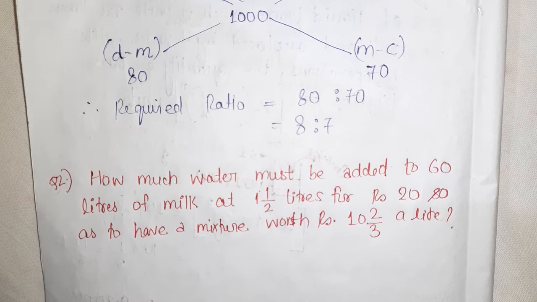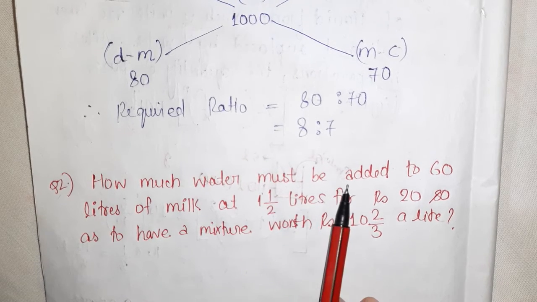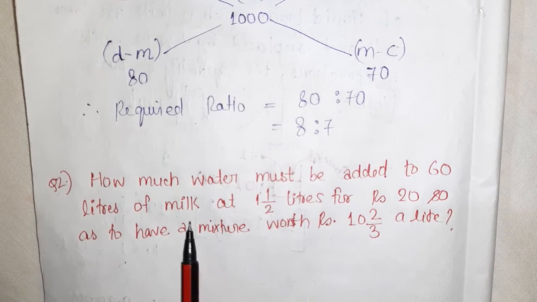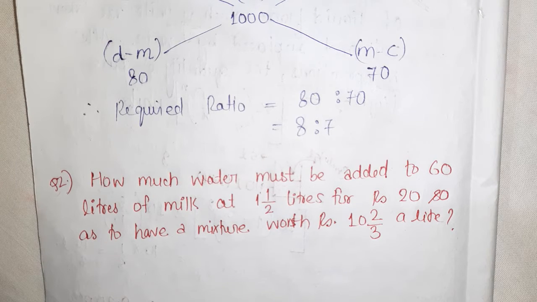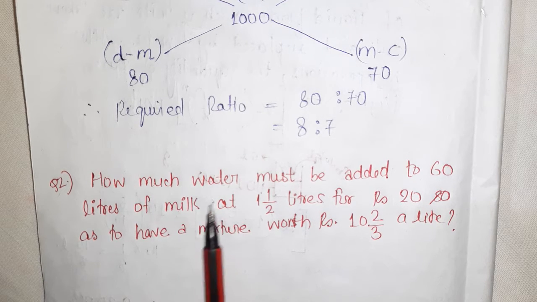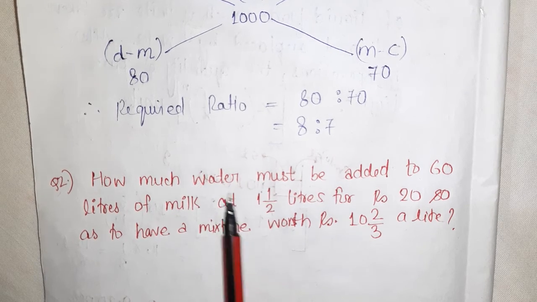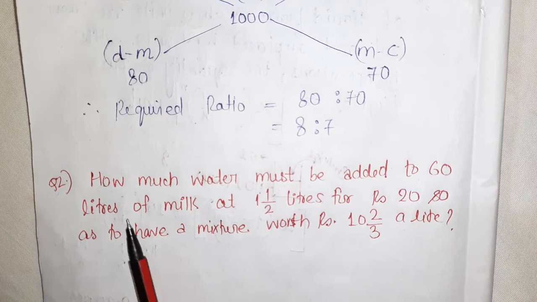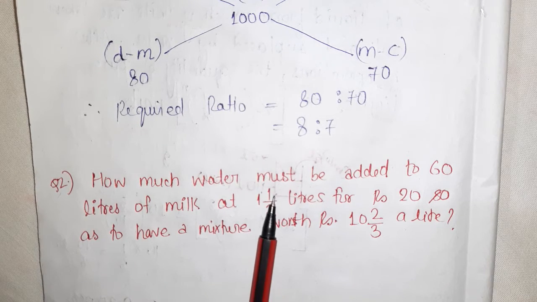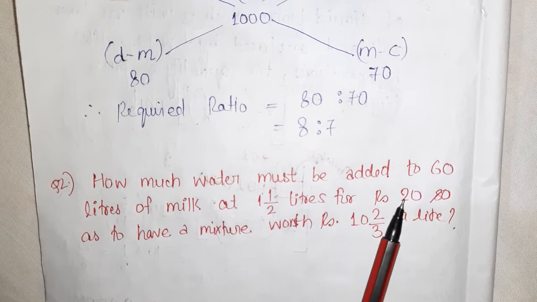Here you are asking how much water must be added to 60 liters of milk. Okay, here you have to mix water and milk. The two types, one is water, another is milk. Means you have to find the quantity of the water that must be added to the 60 liters of milk at 1.5 liters for rupees 20.